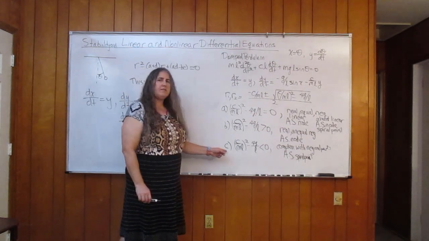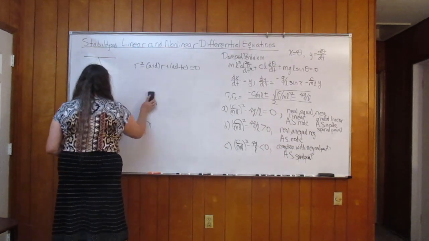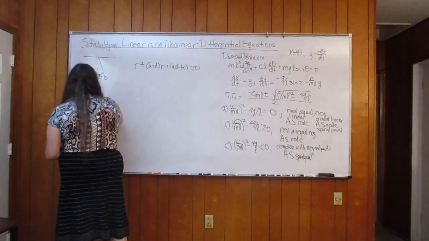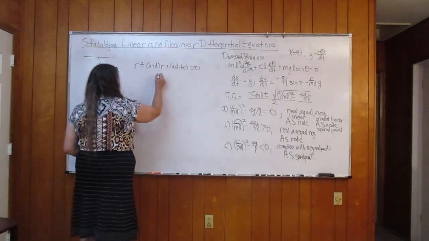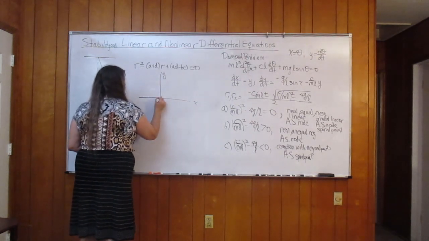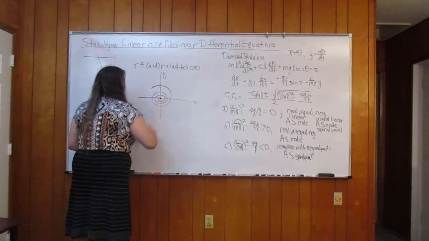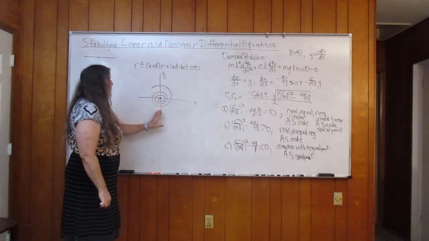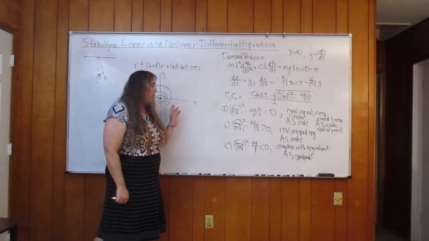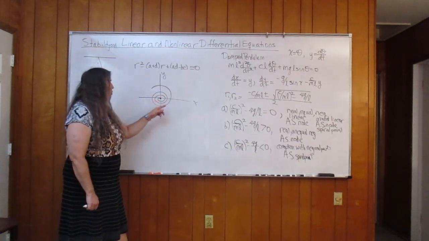Now I'm going to look at case C in more detail. So, in the neighborhood of the critical point at x equals 0, y equals 0, the trajectory is an asymptotically stable spiral point.